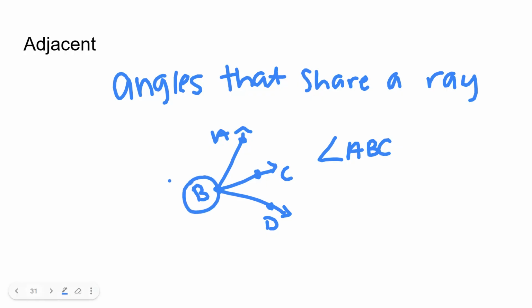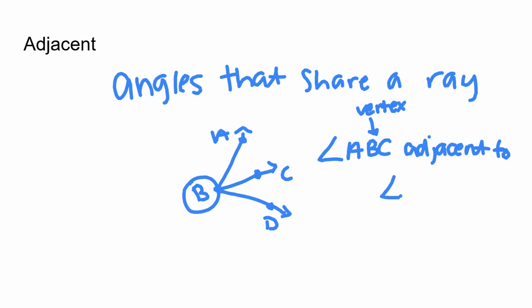The vertex always goes in the middle when I'm writing out my angle. Angle ABC is adjacent to angle CBD. Okay. So because these share the side BC, they are not the same angle. They are adjacent angles.